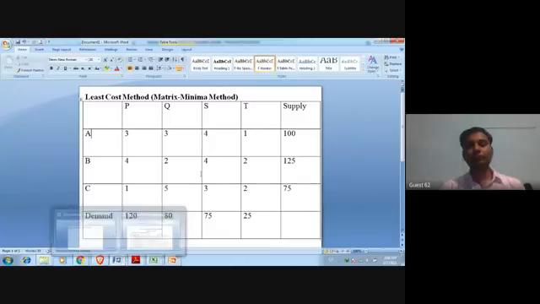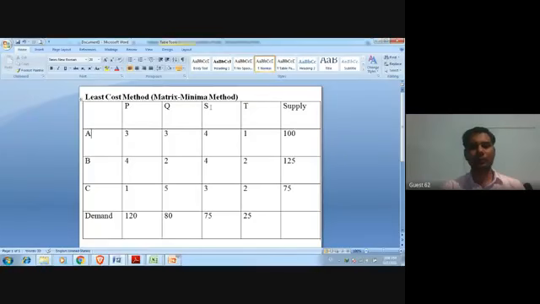Here is a problem where there are three factories, A, B, and C, and four warehouses, P, Q, R, and S. Now we have to solve this transportation problem by the least cost method or matrix minima method.